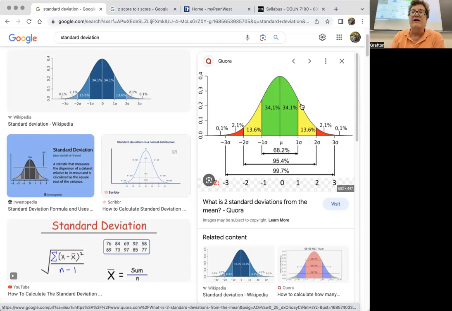One standard deviation to the right, a positive standard deviation, is usually 130, 129, something like that on an IQ test.